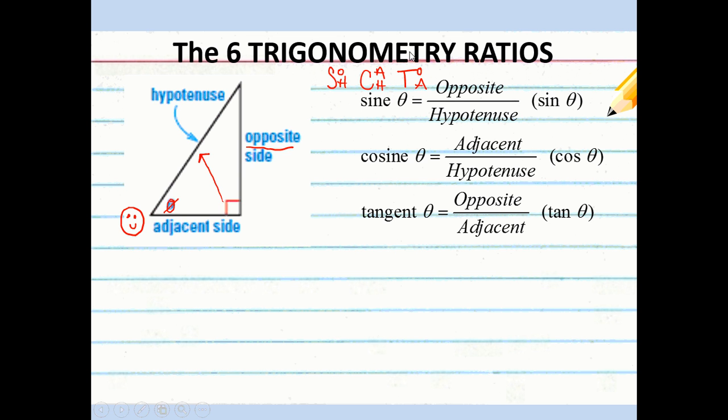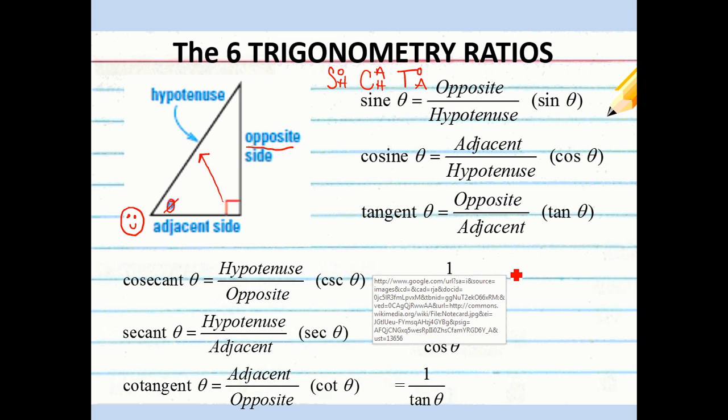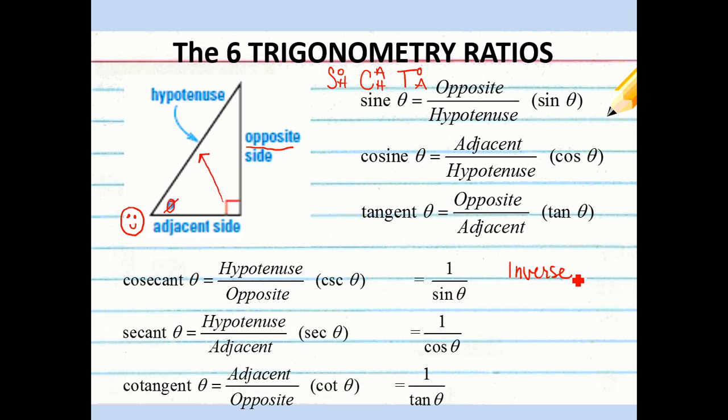Now we are going to learn three other trig ratios. The first is cosecant, abbreviated CSC, and really it's the inverse of sine. We know that sine is opposite over hypotenuse.